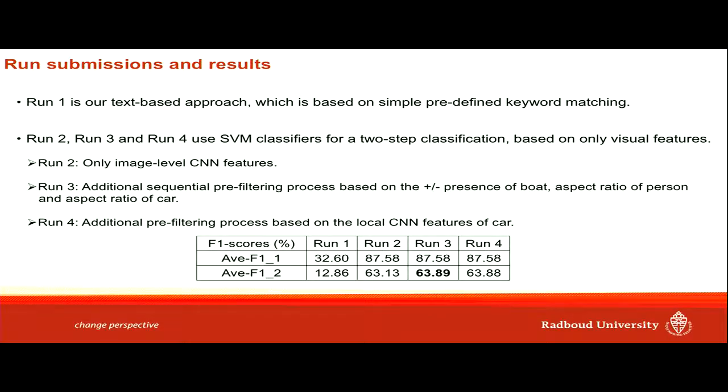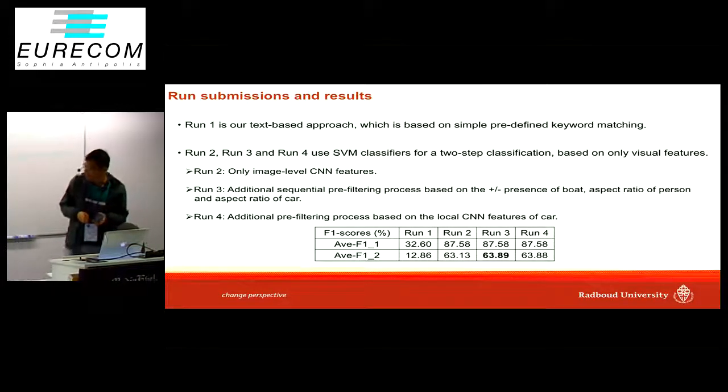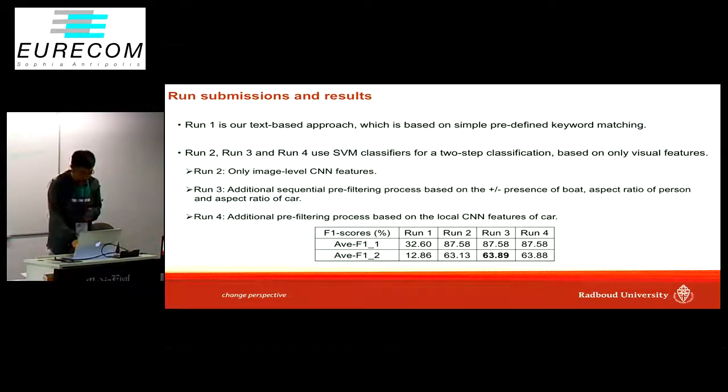Here is a summary of the runs we submitted. At first we also tried the text-based approach, but as the organizers said, people don't really talk about road passability in the very short Twitter text, so it only achieved about 10% performance. For the last three runs, we used only visual features.